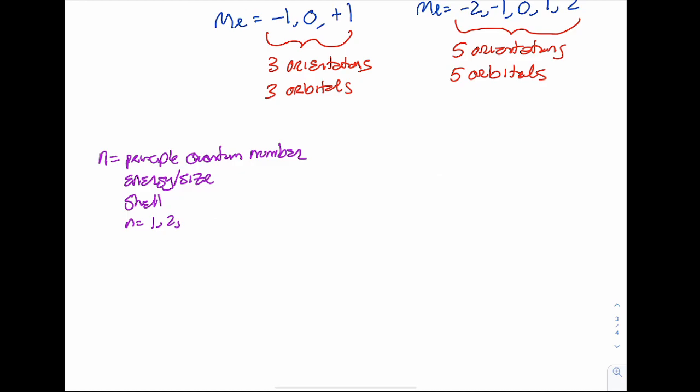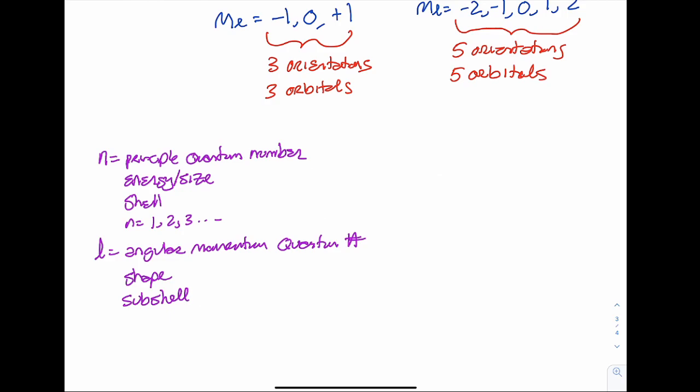So 1, 2, 3, etc. L is my angular momentum quantum number. It defines the shape of our orbital. We can call those subshells if we want. And L is always 0 to n minus 1.